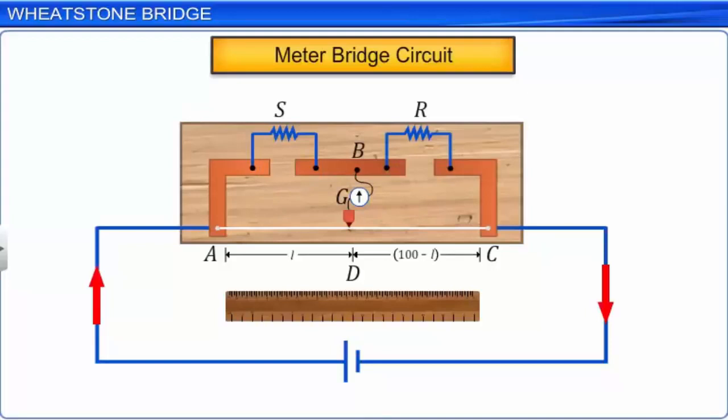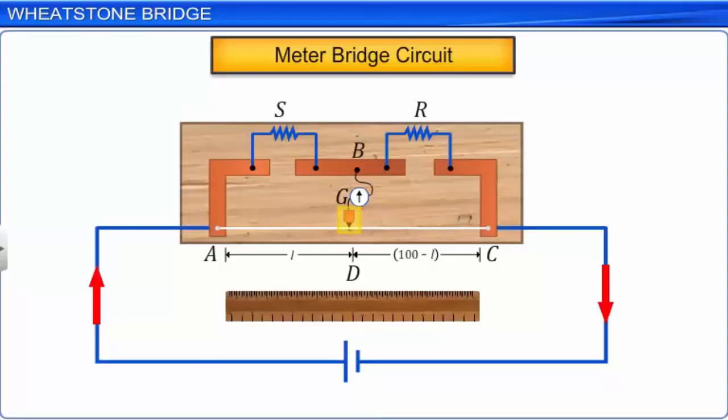The end points A and C, where the wire is clamped to the metallic strip, are connected to the cell. One end of the galvanometer is connected to the midpoint B of the metallic strip between the two gaps in it. The other end of the galvanometer is connected to a jockey, which is a metallic rod with one end shaped like a knife edge.